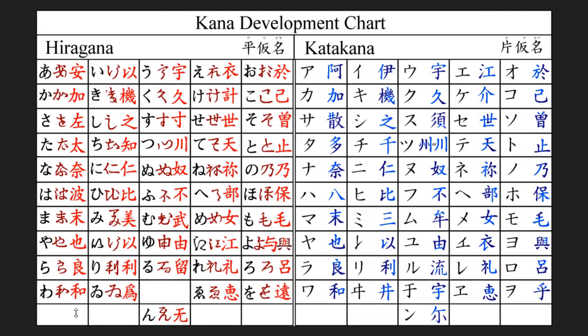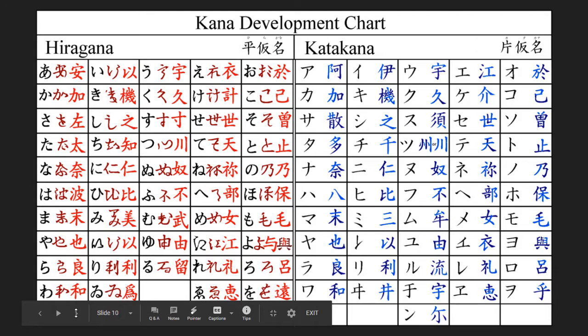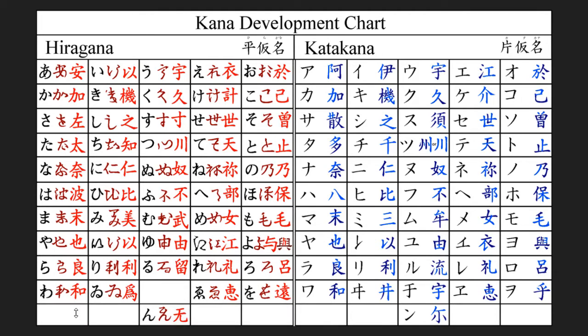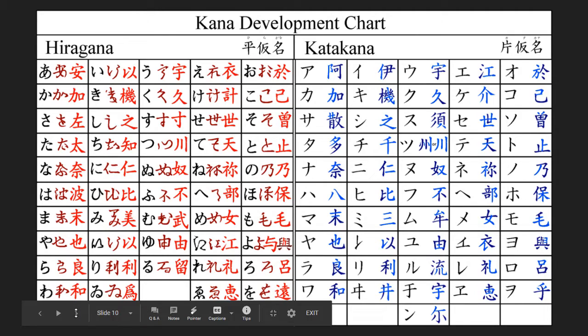This is the kind of development chart that you can see. It's just like a cool trivia to know which characters came from which kanji. There are even some characters in there that you can probably recognize that you don't see too much nowadays because they were removed from the modern Japanese writing.